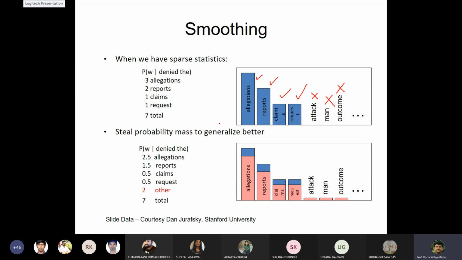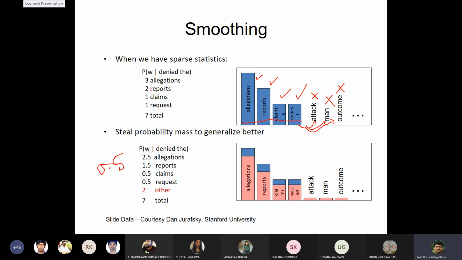So can we steal some probability from the existing counts and assign it to attack, man, and outcome, the zero occurrence words? Here, stealing simply 0.5 from each of the existing counts, we are negating it.